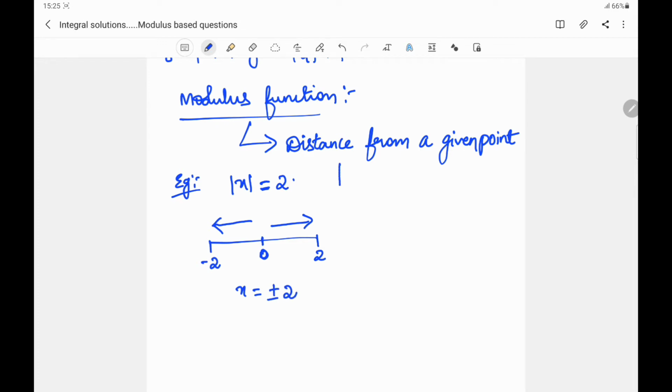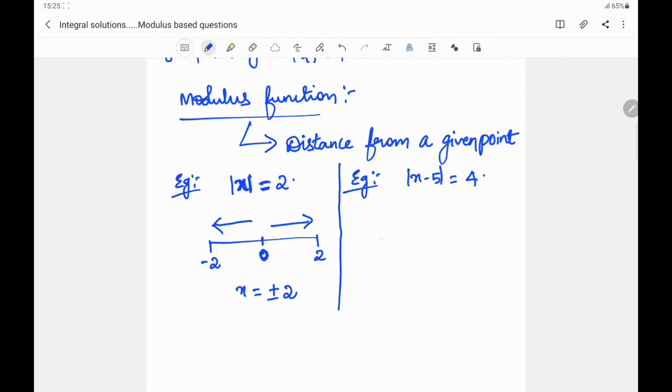Now let us look at another example. Modulus of x minus 5 is equal to 4. What is the meaning of this? Here in this equation it was modulus of x, here it is modulus of x minus 5 equals 4. That means the origin for the previous equation, modulus of x equals 2, was at this particular point 0, 0.